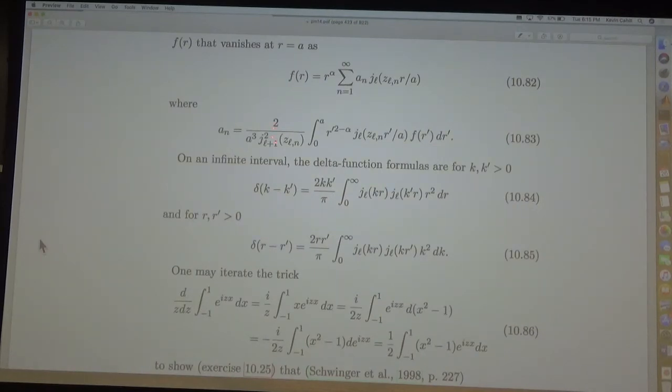For infinite intervals, you can have two relations which are just related to each other by a change of variables. Delta of k minus k prime, thinking of those as the eigenvalues, is the integral r squared dr, j_L of kr, j_L of k prime r. And then you replace k by r, and you get delta of r minus r prime is the integral of j_L of kr, j_L of kr prime, k squared dk.